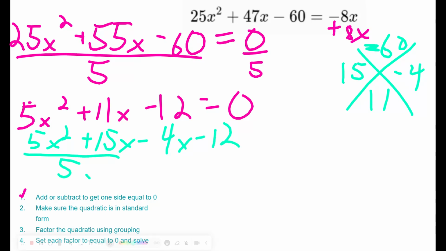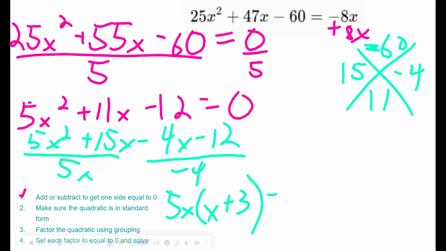Group that. That's going to be 5x and negative 4. What's that going to leave us with? 5x squared by 5x is x plus 3. And minus 4 times x plus 3.